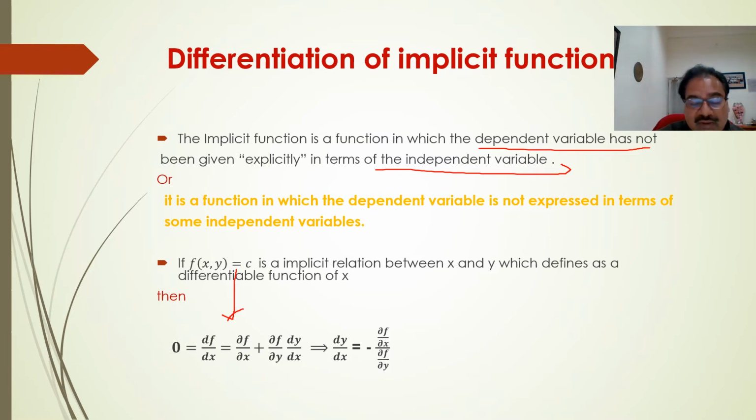In this way, you have to remember this: in case the function is constant, dy over dx is minus fx divided by fy. In short, you may write it like this, minus fx divided by fy. You may remember this as dy over dx is minus del f by del x divided by del f by del y.